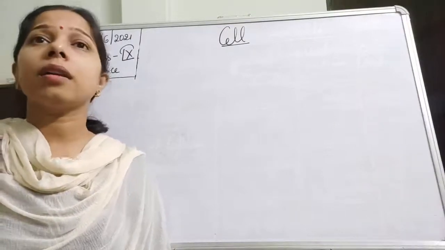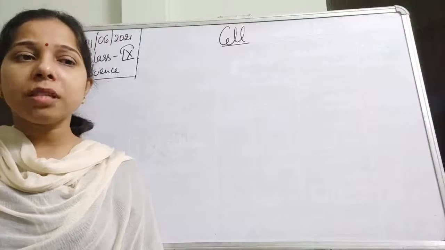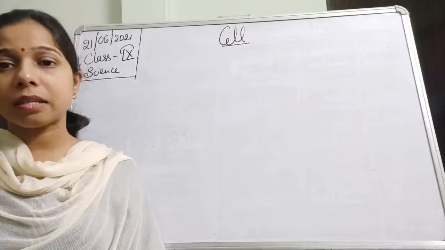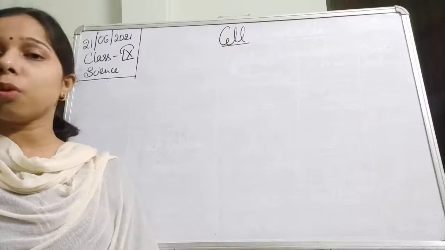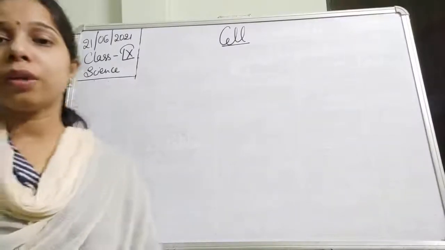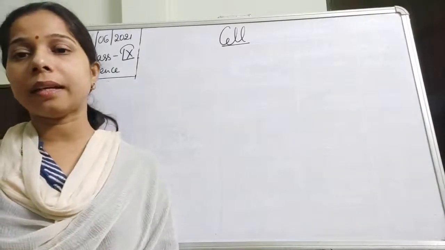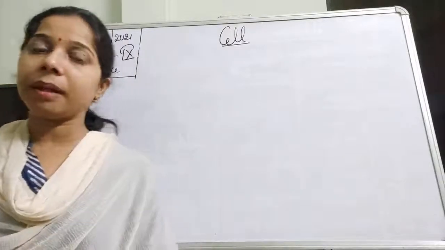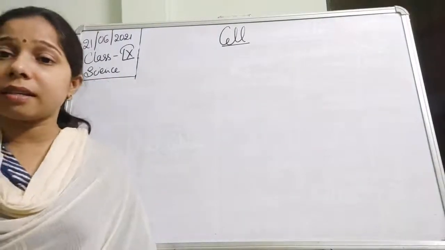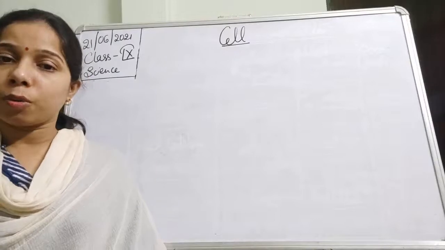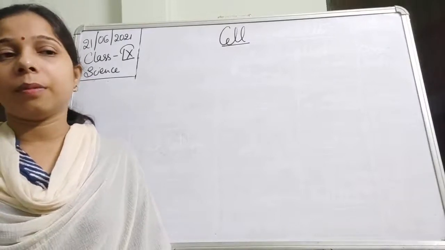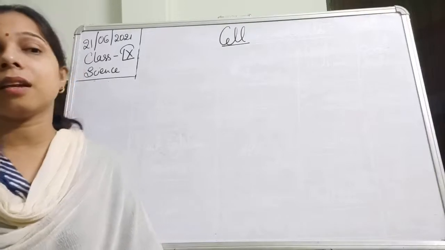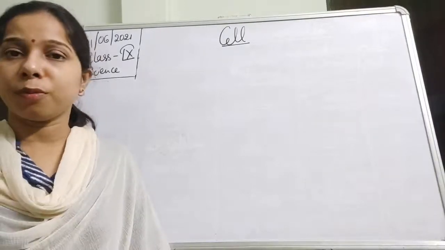The second one is the chromatin material. Chromatin material is that which consists of chromosomes. If we talk about the chromosomes, what happens here? The chromatin material gets condensed, and thus the formation of a chromosome happens.